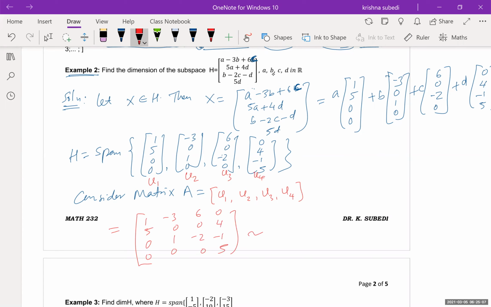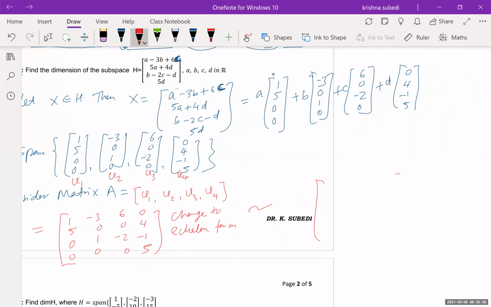Now, to check whether the vectors are linearly dependent or independent, or how many vectors are linearly independent, what you need to do is change it into echelon form. I'll wait for you guys. So please change it into echelon form and let me know.